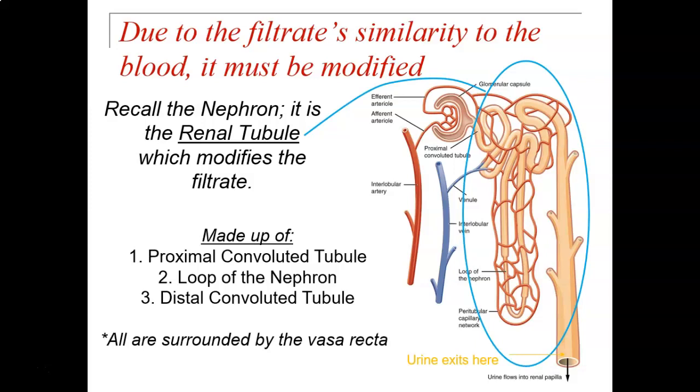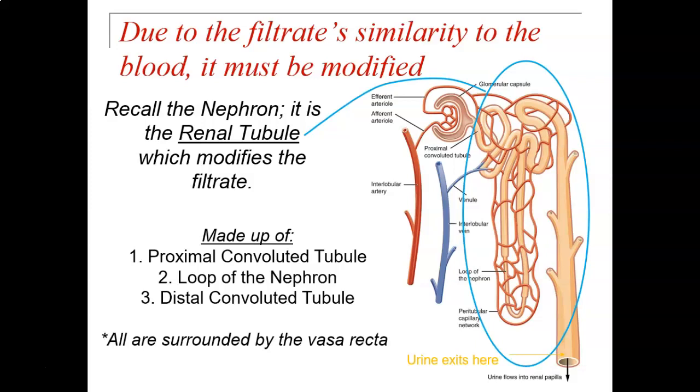certain parts of the tubule allow for you to cross the wall. Certain parts of the tubule are impermeable to water, for instance. Certain parts of the membrane are impermeable to sodium. That's where the hormones come into play. The hormones are the key.